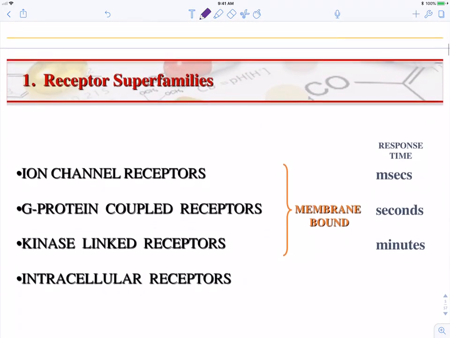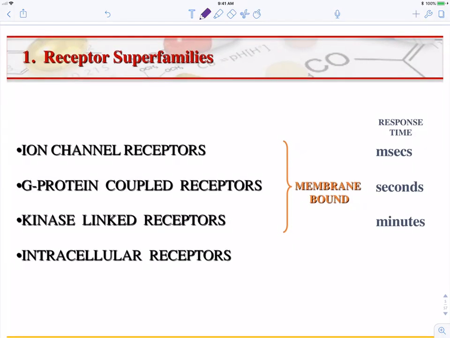Another important thing to notice is that messengers are not altered chemically by binding to the receptor. And we can divide receptors into several superfamilies: ion channels, G-protein coupled receptors, kinase linked receptors, and intracellular receptors.